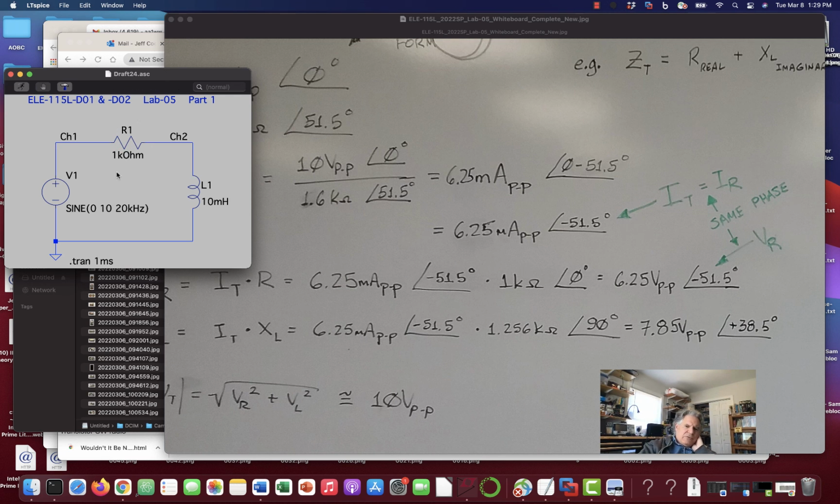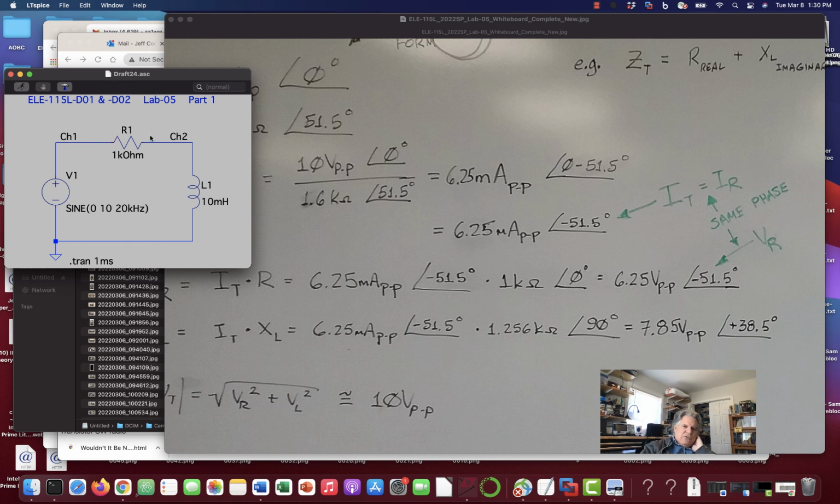So in a series circuit, whenever there's a resistance present, you can use the voltage across the resistor to get the phase angle of the current, because the resistor has no phase delay in it.